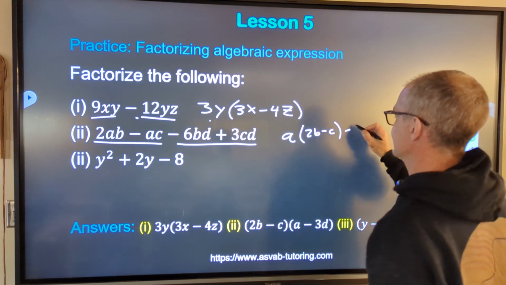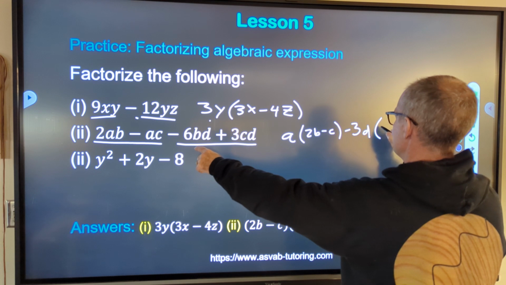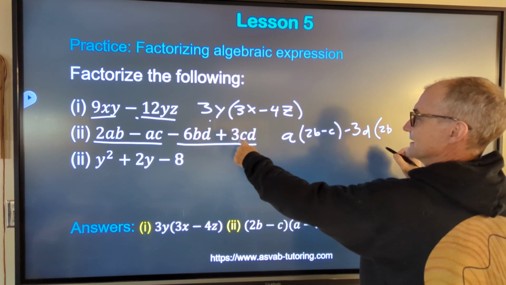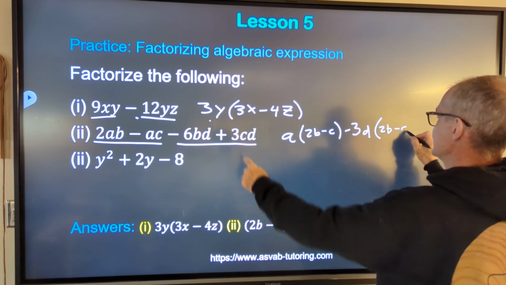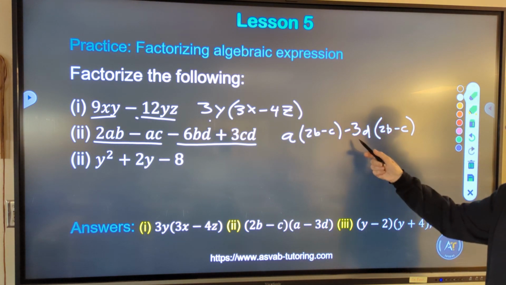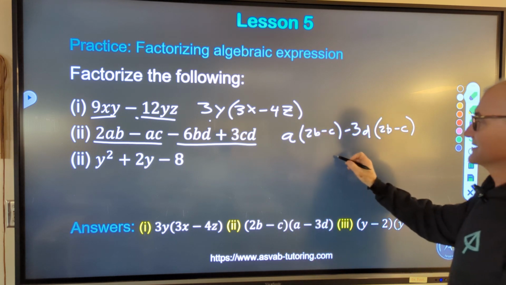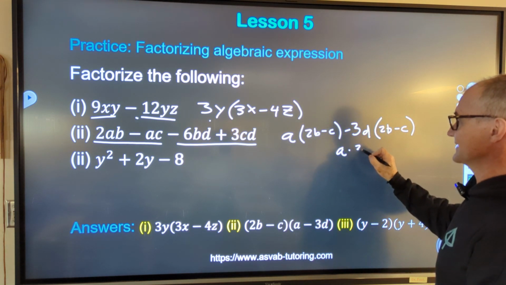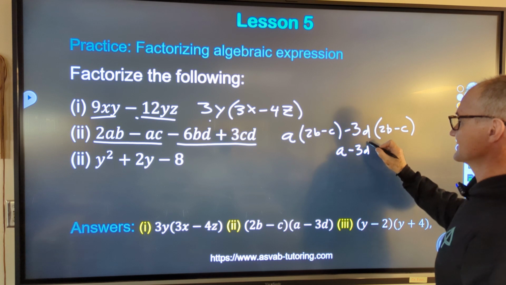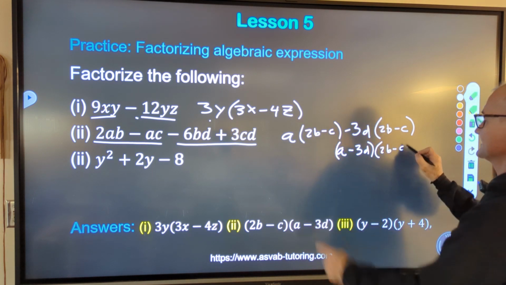So I'm going to pull out a negative 3d, leaving me with 2b. Negative 3 out of here is minus c. And that worked out pretty well because there's that common term now, right? 2b minus c is common to both of them. So I have a minus 3d times the quantity that I pulled out, 2b minus c.